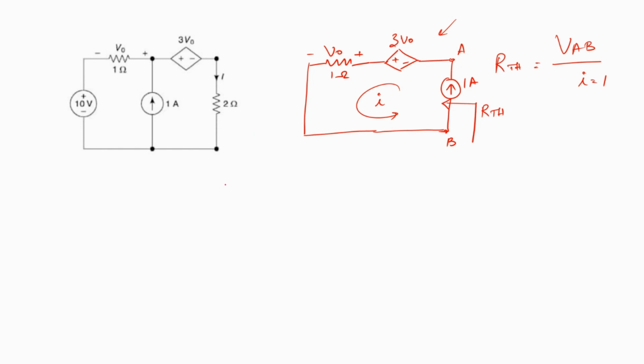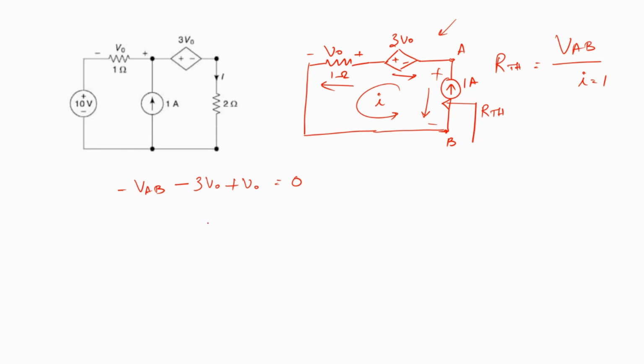Now if I apply KVL in this loop, then I will be able to find out VAB. So how do we compute KVL? So this is the drop direction. Here let's apply KVL here. So if this is my plus and minus, so we have minus VAB, and we have minus 3V naught and plus V naught is equal to 0.